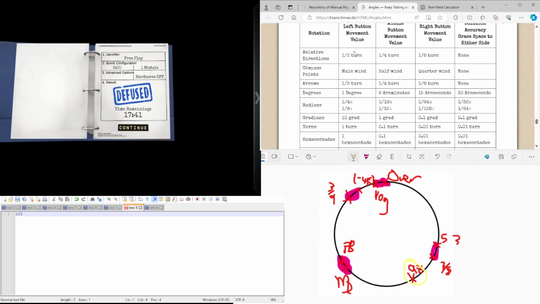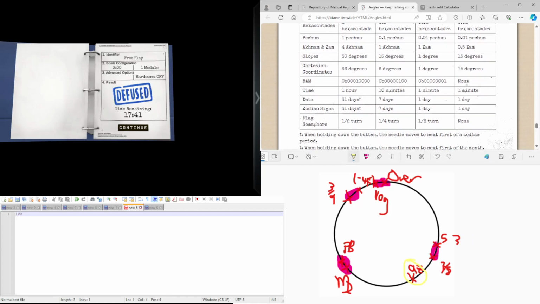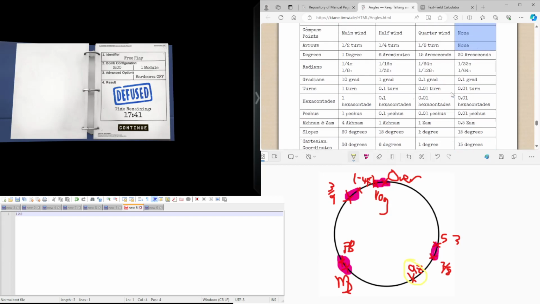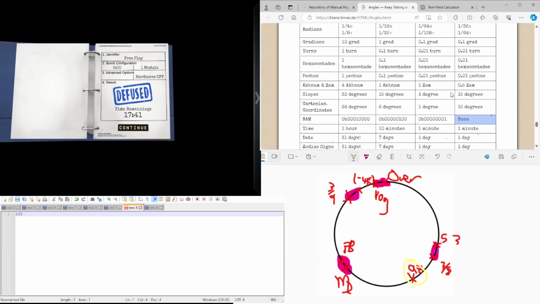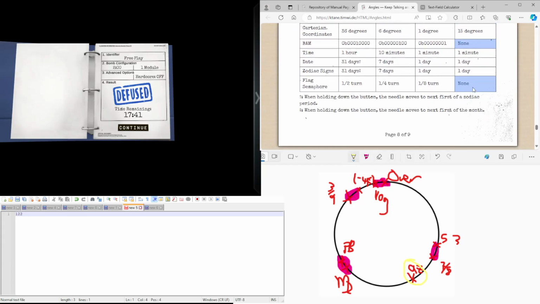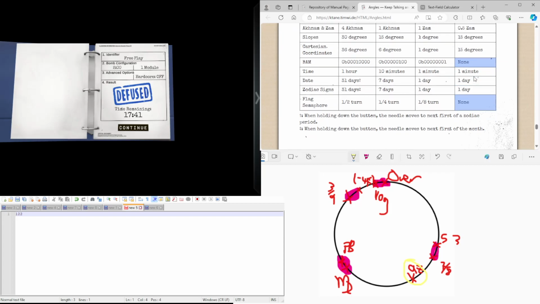And then the solution accuracy, of course, if your solution is a relative direction, a compass point, an arrow, or in this case also binary number and flag semaphore, all don't have any deviation allowed. The other ones are a bit more exact, so they allow some deviation either side.